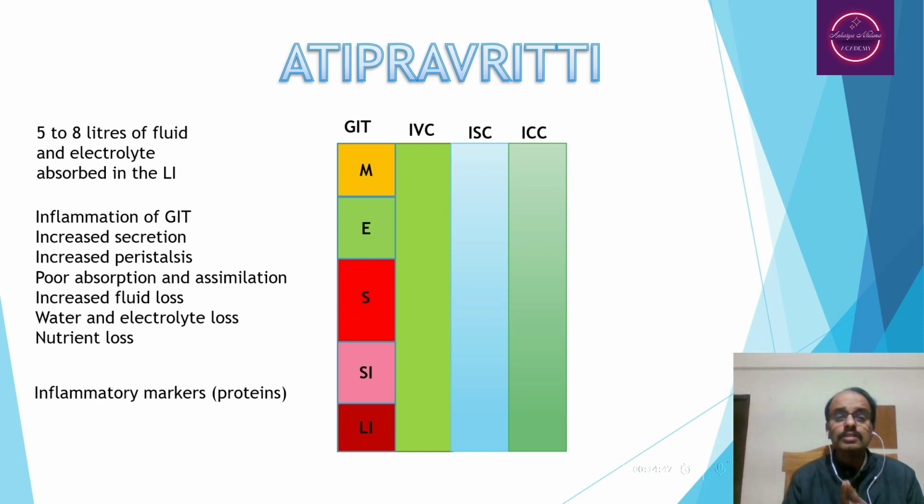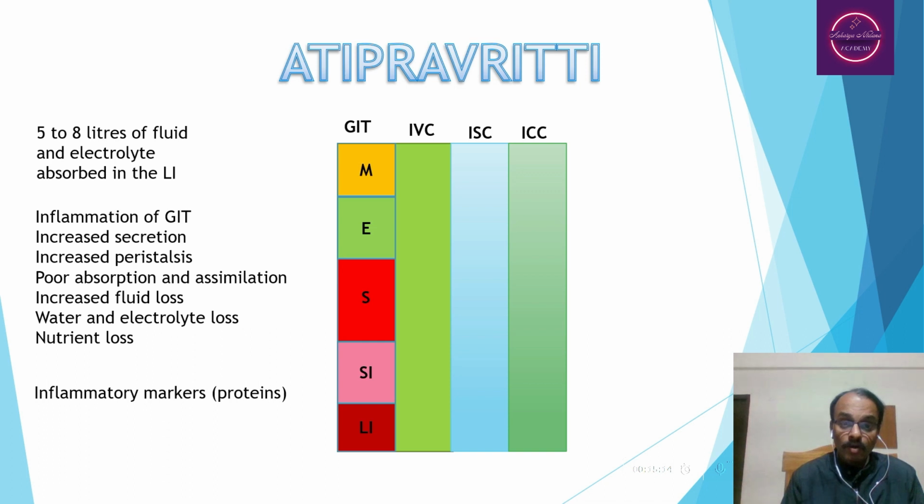Naturally, nearly 5 to 8 liters of fluid and electrolyte get absorbed in the large intestine, which comprises 1 to 1.5 liters of the fluid taken through the oral cavity, and the rest from secretions coming from the stomach or small intestine, and even to some extent from the large intestine.